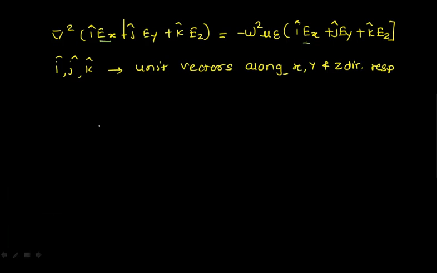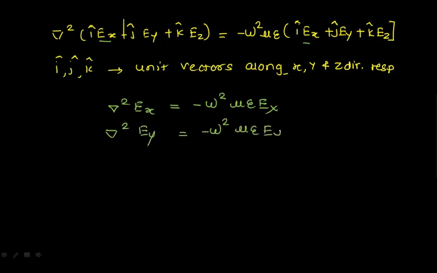Now, if you are equating the coefficients of x with x, y with y, you will get del square Ex is equal to minus omega square mu epsilon Ex, del square Ey is equal to minus omega square mu epsilon Ey, del square Ez is equal to minus omega square mu epsilon Ez. Similarly you can write this equation for H also.